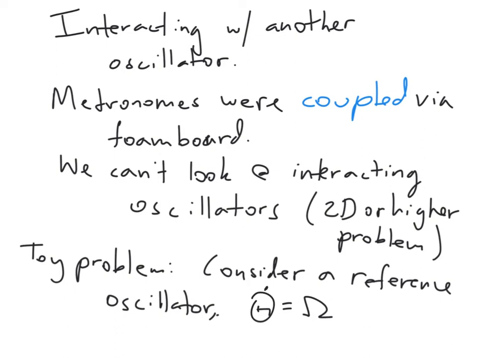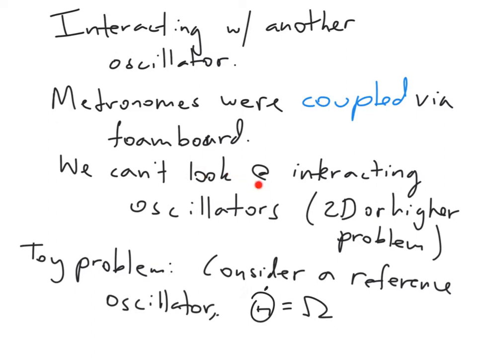Now we're going to think about a simple model of interacting with another oscillator. If you watched the metronomes synchronizing in the YouTube video, those metronomes were coupled with each other via a foam board, and so they were getting some kind of feedback from the phase of nearby metronomes.